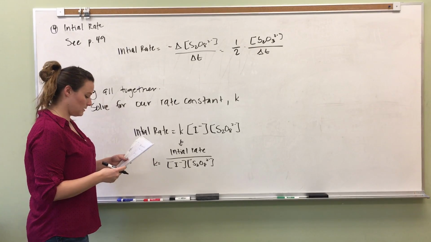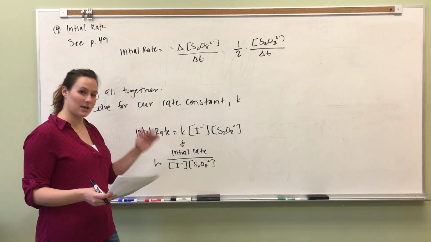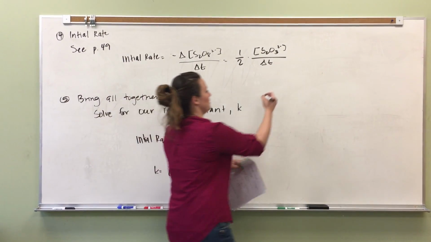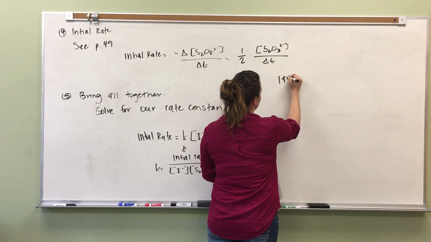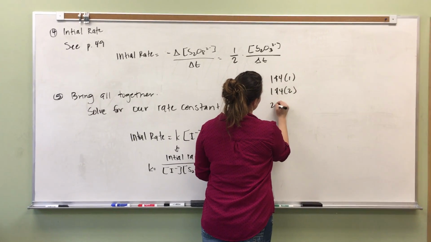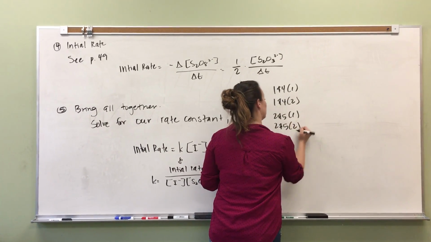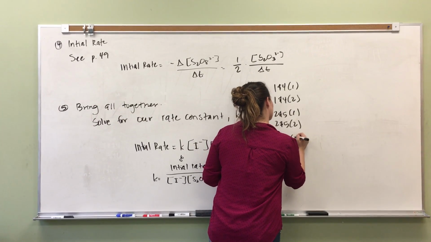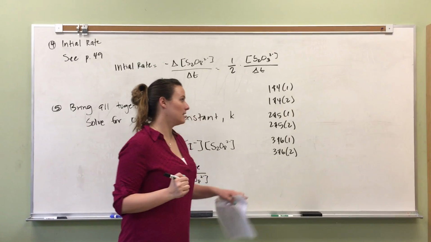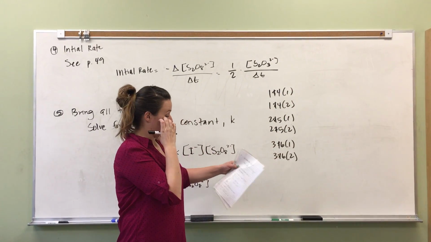Then you will calculate the K's for each reaction and each trial: reaction 1 and 4, trial 1; 1 and 4, trial 2; 2 and 5, trial 1; 2 and 5, trial 2; 3 and 6, trial 1; 3 and 6, trial 2. So you should have a K for each one of them.